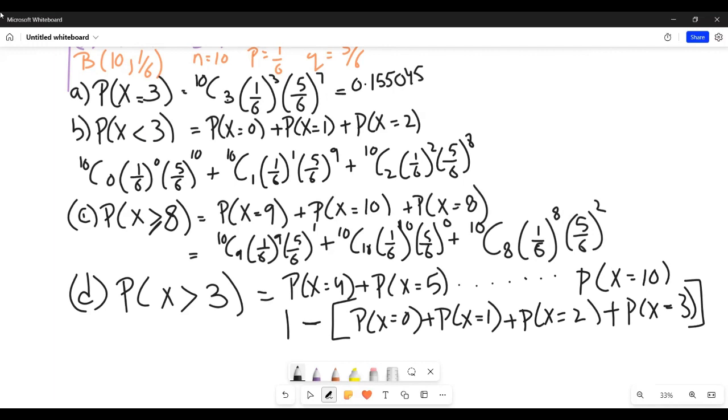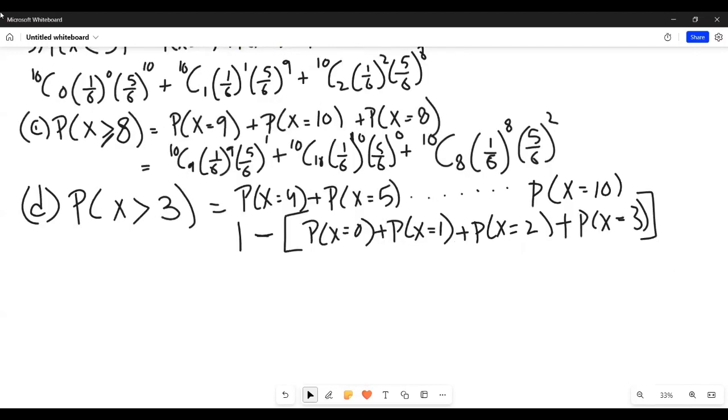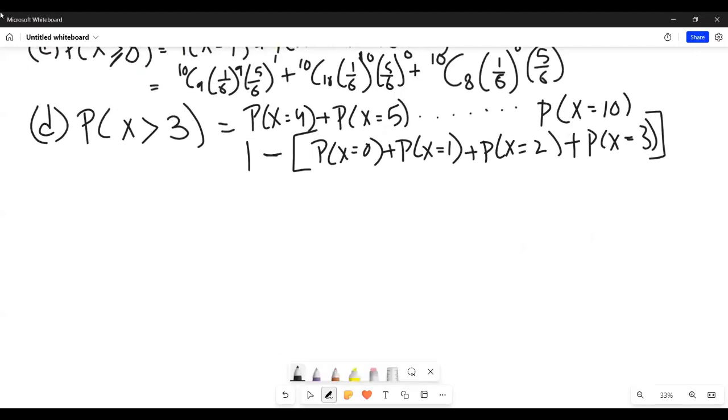So this is going to be 1 minus. x equals 0 means that in those 10 rolls, you do not get any 6. So that's going to be 10C0, 1 by 6 power 0, 5 by 6 power the difference, which is 10.